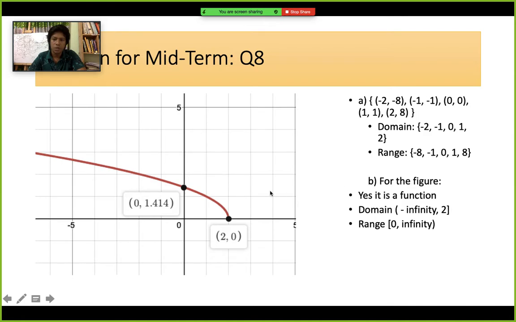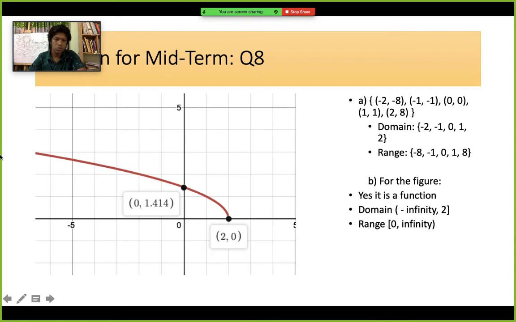Now for the figure, this is a figure. Is it a function? Yes, it is a function, because if you draw a vertical line, your line will intersect only at one point. This is how we know it is a function. And the domain is from this 2 to minus infinity. The x value is the domain.